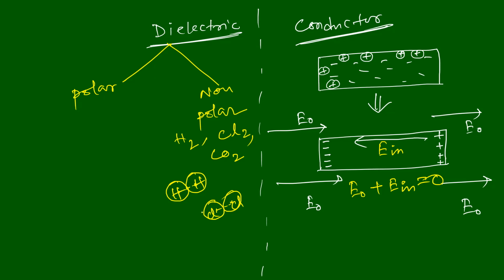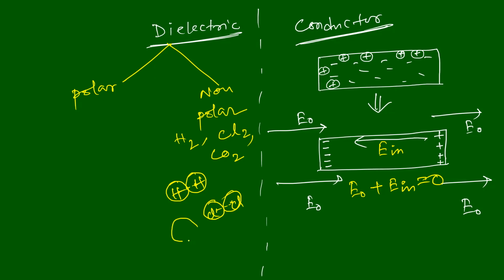Actually, we just want to say that polar and non-polar dielectric materials are differentiated with respect to their arrangement. In non-polar molecules, you will see that the arrangement is symmetric in nature. Their structure is symmetric in nature.